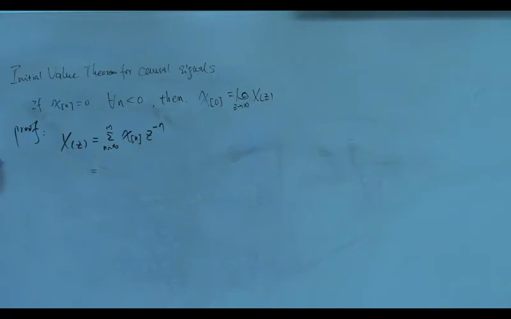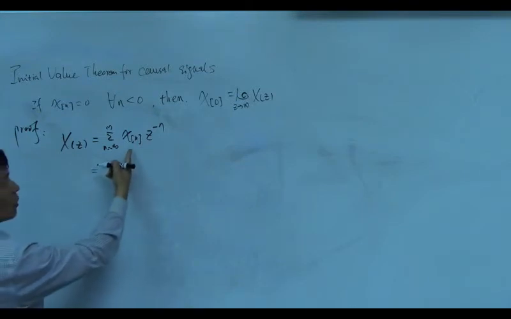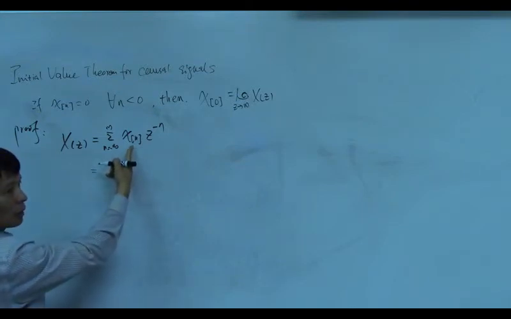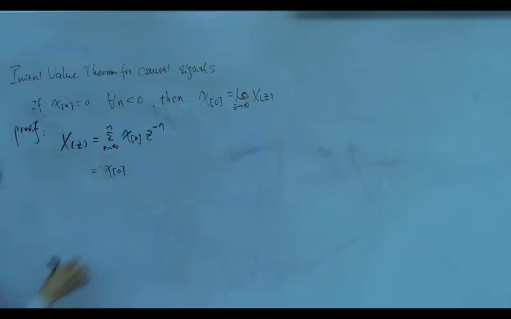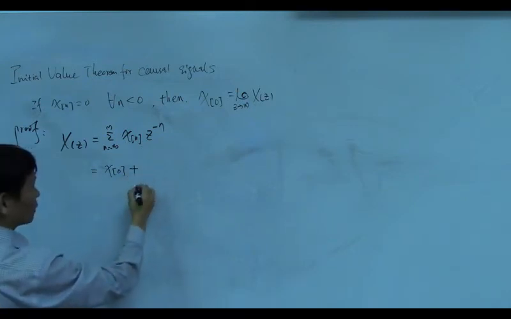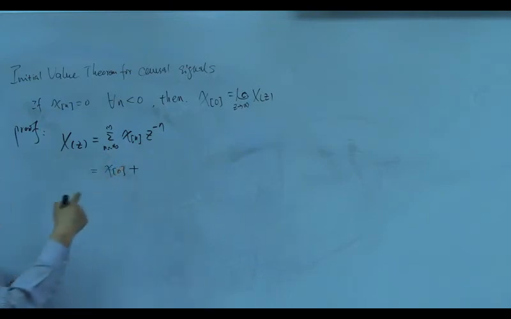So n equal to 0, this one will be equal to what? x0 times 1. Okay, so that's the first term. What's the second term? The second term is when n equal to 1.